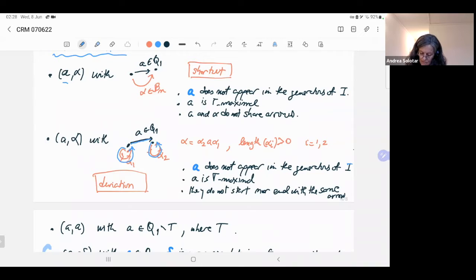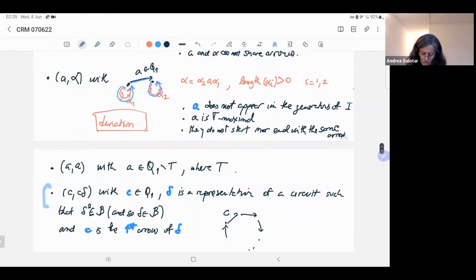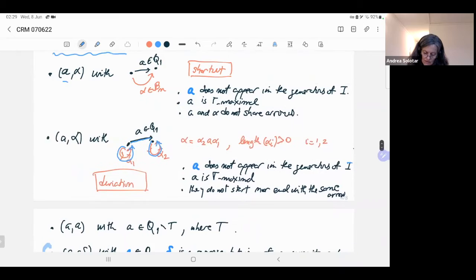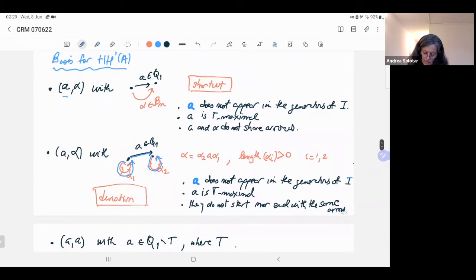It is gamma maximal as before, and as I said, they do not start nor end with the same arrow. So these are elements of more or less the same type, and the interesting thing about describing the cohomology in this way is that we can see it from the quiver. We look at the quiver and the relations, and we are immediately able to describe the Hochschild cohomology.